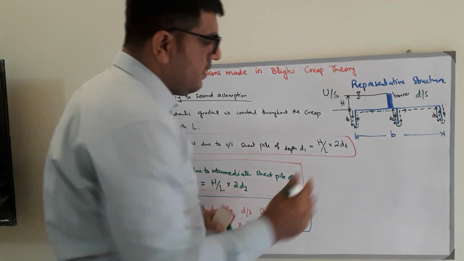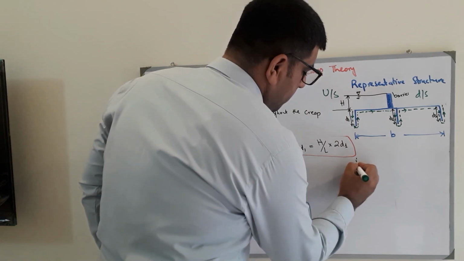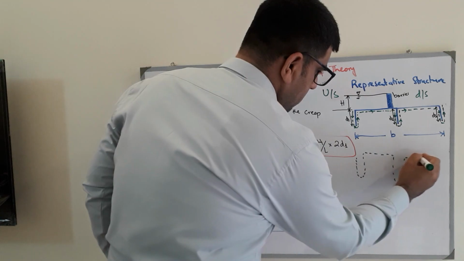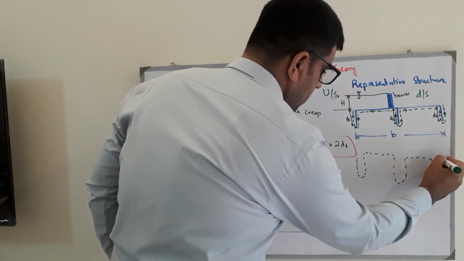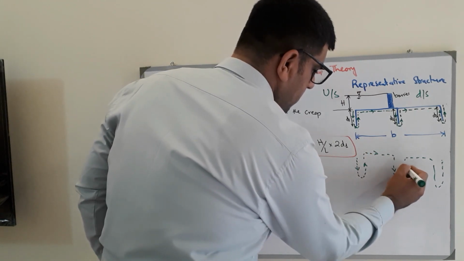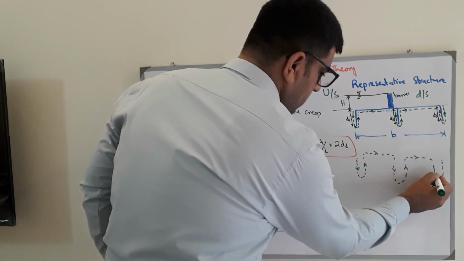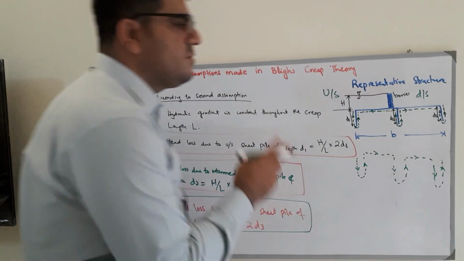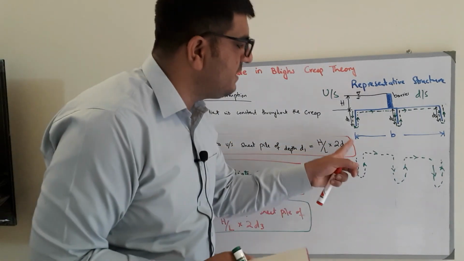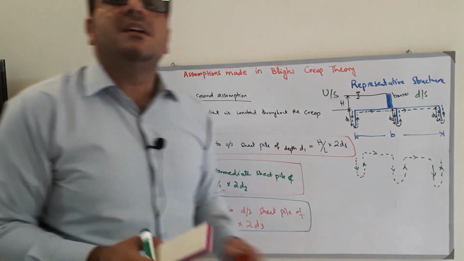So here, if I try to mimic, this is my creep length, the distance the water particle has traveled from the upstream side to the downstream side.